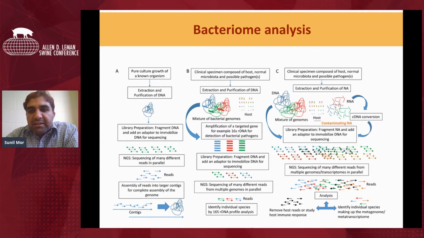The second is the non-targeted method. As we know, in the sample there may be many different things, including our bacteria of interest, so in that case it will amplify everything. Then with bioinformatic analysis, we figure out how much of the sequence is related to our bacteria of interest and what other junk or non-related things are present here.